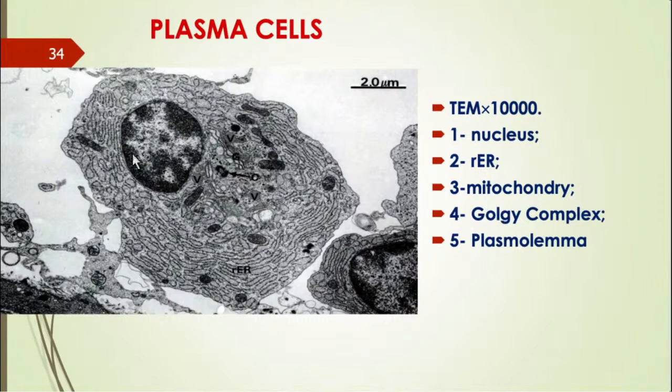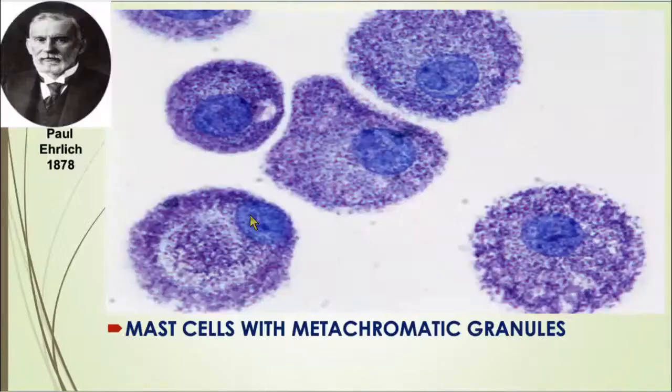And also we have seen this polarity, that's a nucleus in one area, but rough endoplasmic reticulum and Golgi complex in another area. And all this you need to remember, because this is an examination micrograph for you.